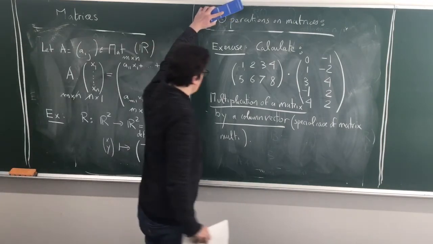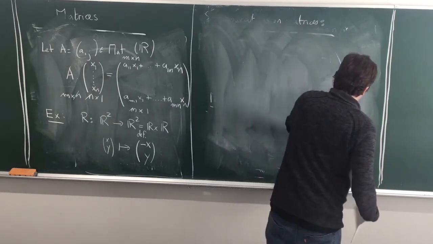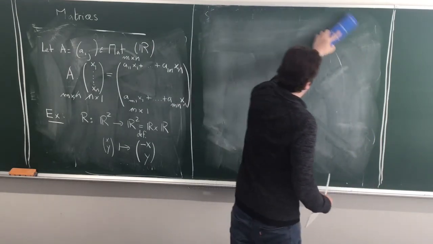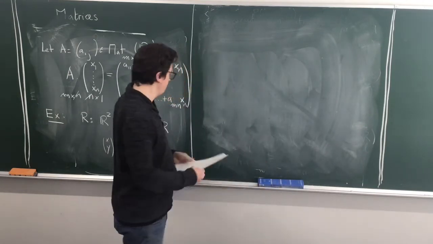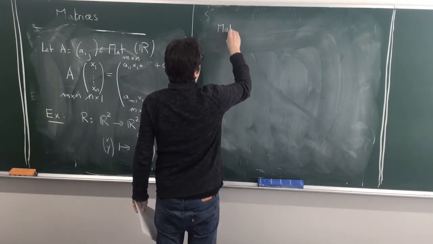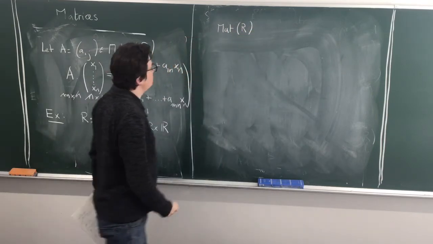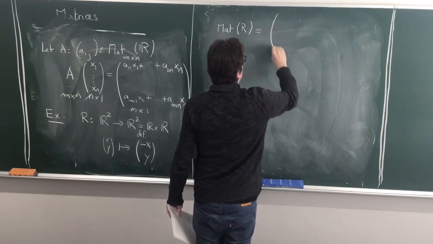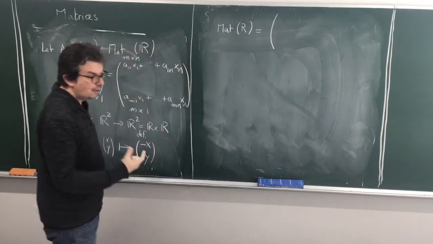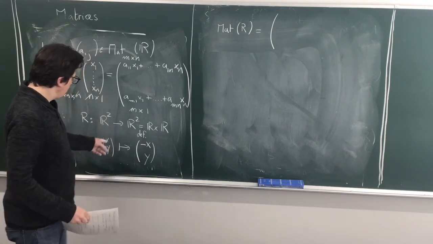Now remember that I said that we can associate to this operation of the plane some matrix, and this matrix was denoted mat R. So what was it? It was obtained by putting the coordinates of the vectors of the standard basis i, j in the columns.